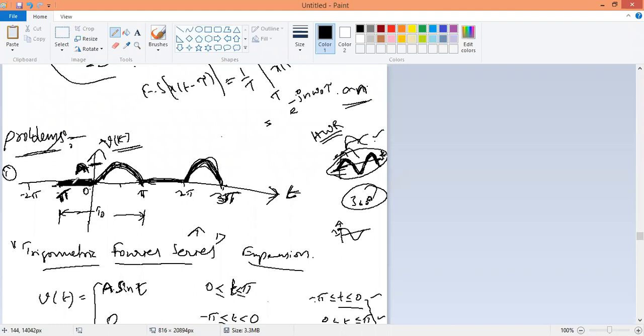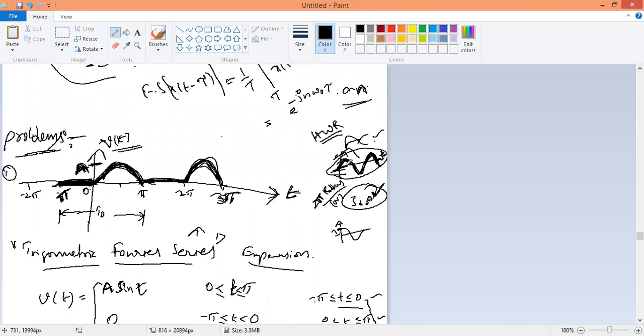One complete cycle, from this to this, is 2 pi radians or 360 degrees. Is it correct? One complete full cycle has 2 pi radians or 360 degrees.